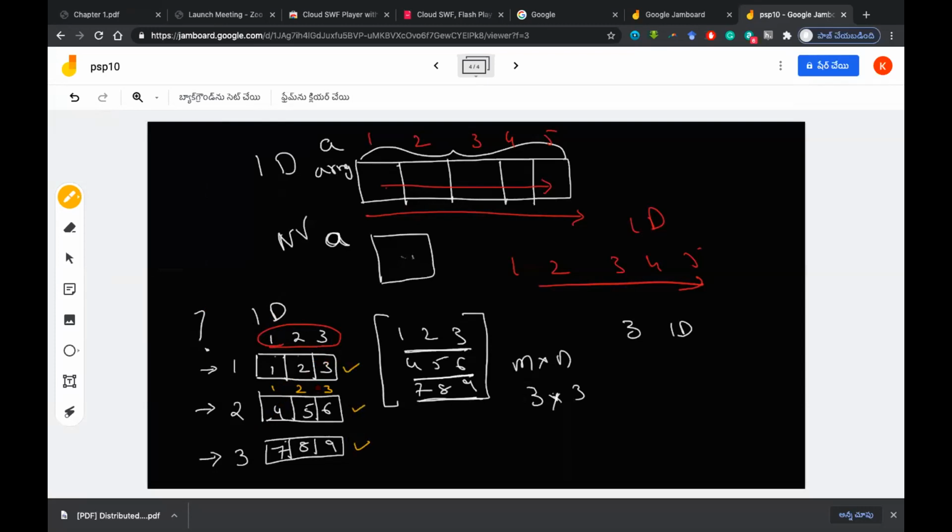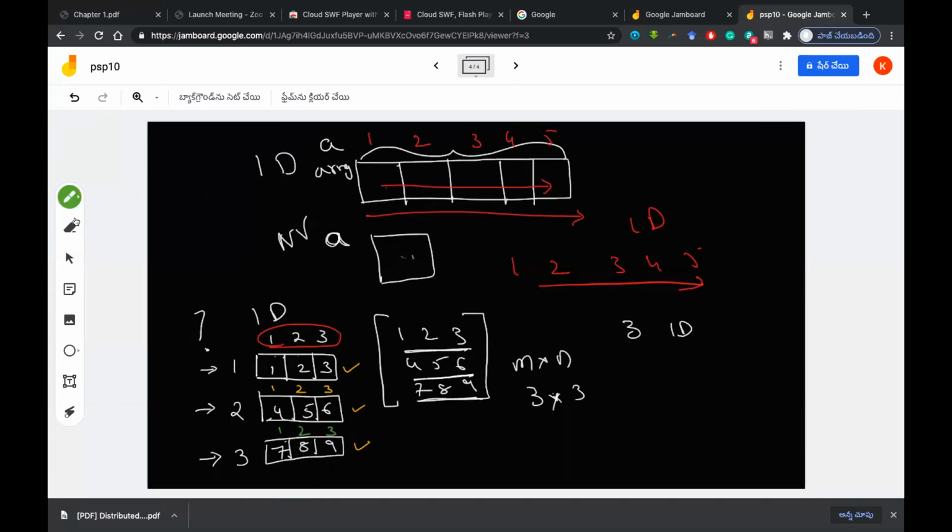If you consider them as three individual 1D arrays, in this 1D array only 3 numbers are there, 1, 2, 3. In this 1D array also only 3 numbers are there. Again, in this third 1D array, only 3 numbers are there. It's not a continuation, right? So here also you will have 1 to 3, 1, 2, 3.